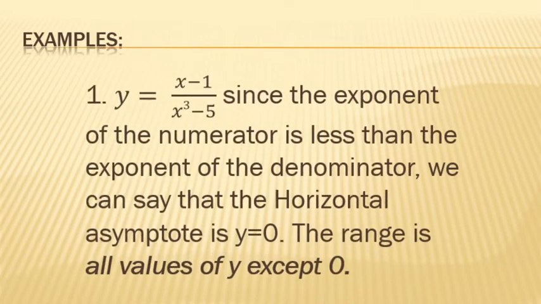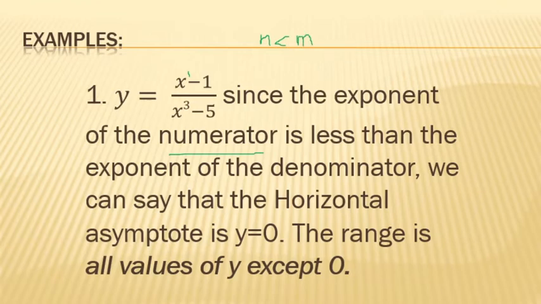So, for our example, if y is equal to x minus 1 over x cubed minus 5, since the exponent of the numerator, or the degree of the numerator, raised to 1 yan, automatic kapag wala kayo nakitang number. Our n is 1, our m is 3. So, makikita natin that n is less than m.